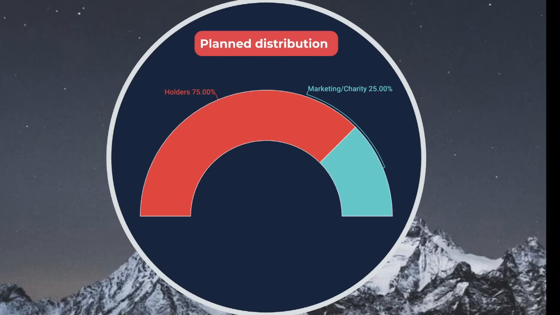July 2020, I think. Don't hate me if it's wrong. It was after the first pump Shiba had, when they were hitting a consolidation phase. They had a big dump going on, and I bought it there. And I can tell you one thing, I did not sell a single token until now.